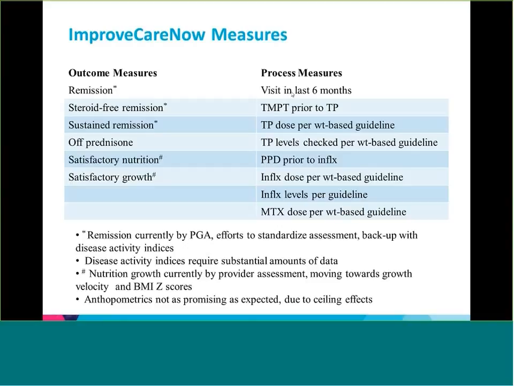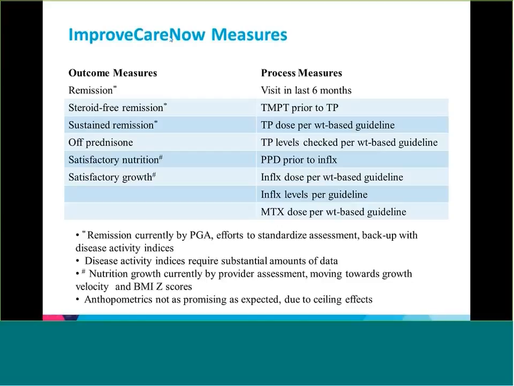Then the process measures are whether or not patients got seen in the last 6 months, whether or not they had this blood test called TPMT, an enzyme test, before getting started on 6-MP or azathioprine, whether they had appropriate weight-based dosing of their Imuran or 6-MP, whether they had levels checked along the weight-based guideline, and whether they had their PPD or tuberculosis status tested prior to beginning infliximab.